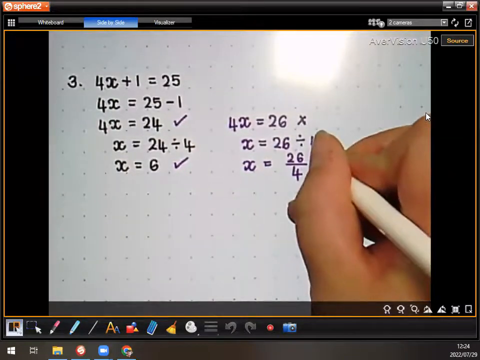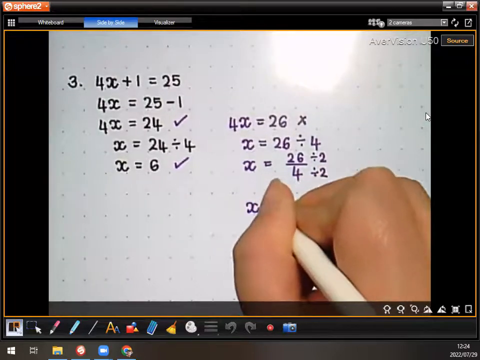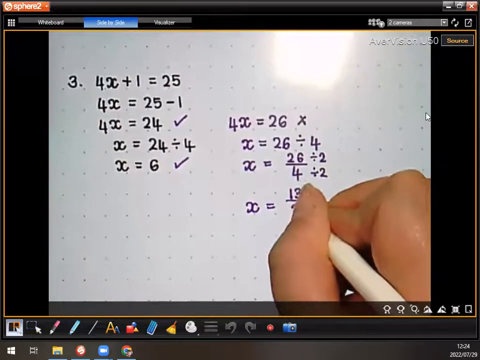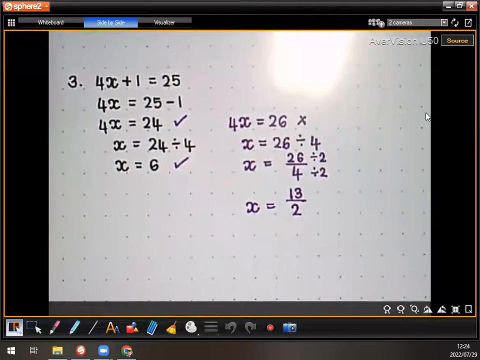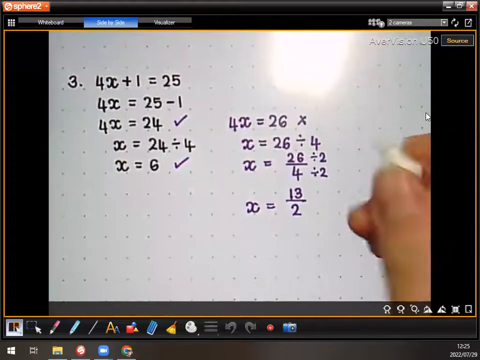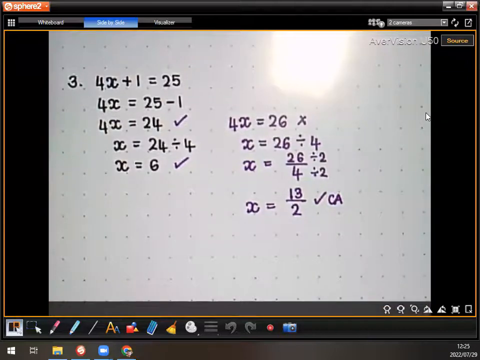So you can divide the top by 2 and the bottom by 2. What's 26 divided by 2? 13. And 4 divided by 2 is 2. But guys, even though this is wrong, you have worked correctly with your mistake. So you will get a CA mark there.